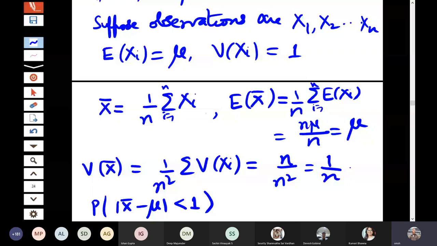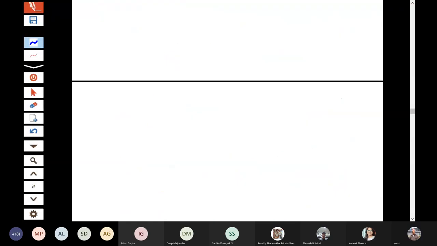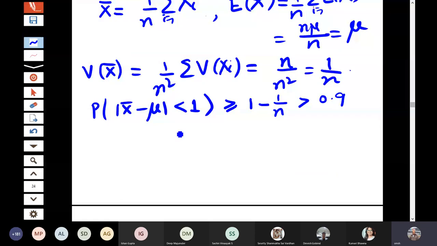According to this result, the probability is greater than or equal to 1 minus sigma square by k square, that is 1 by n. And we want it to be greater than 0.9. So this will give me n is greater than 10.